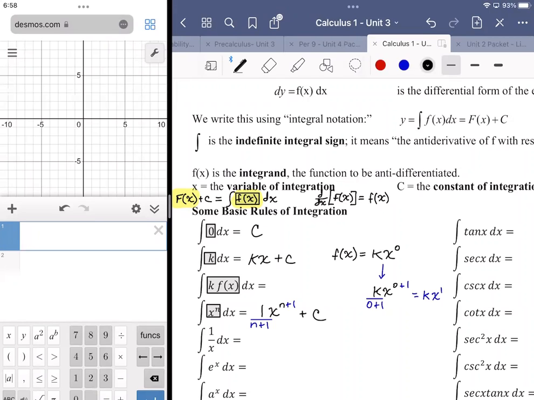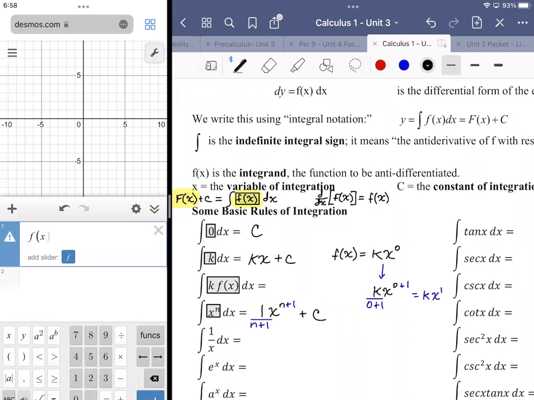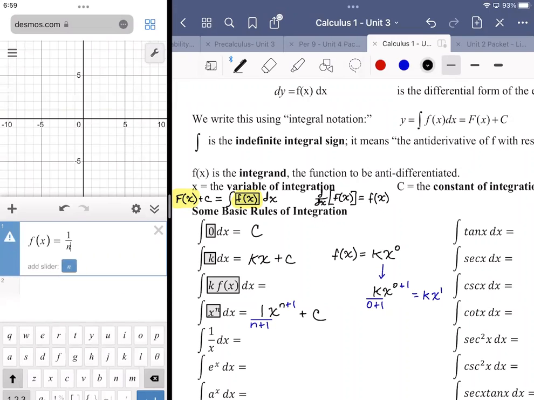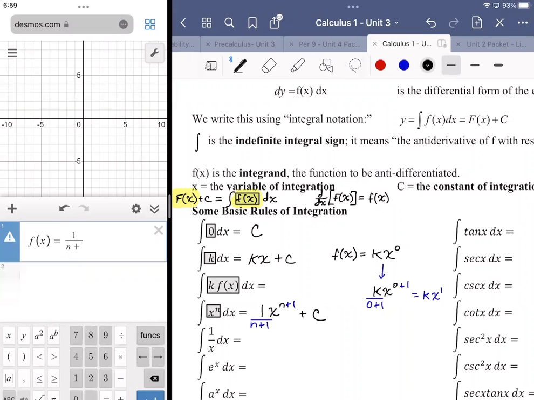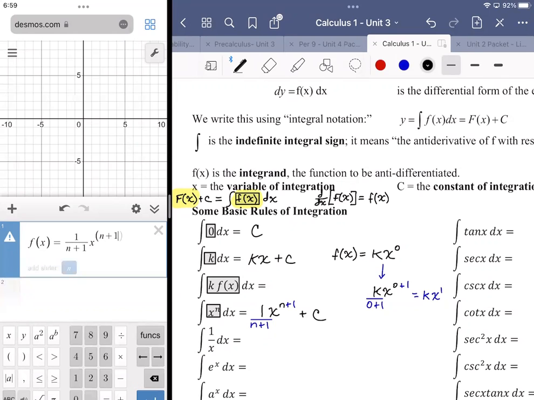But for now, what I would say is take the thing that you think is your answer, put that in as a function. So f of x is equal to 1 divided by n plus 1 times x to the n plus 1 plus some constant c.